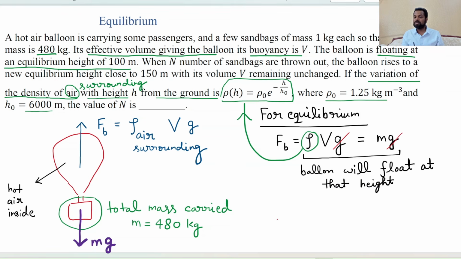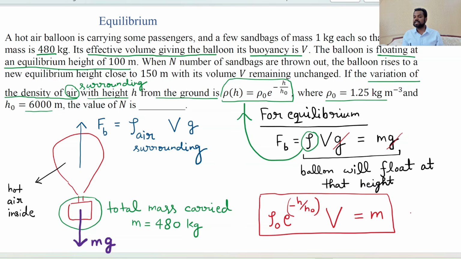So for equilibrium, we can write rho naught e to the power minus h by h naught, times V, equal to m. This is equilibrium.